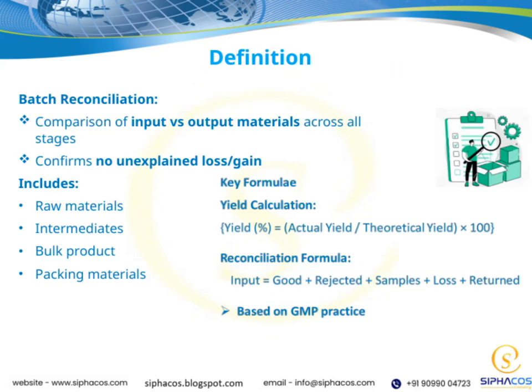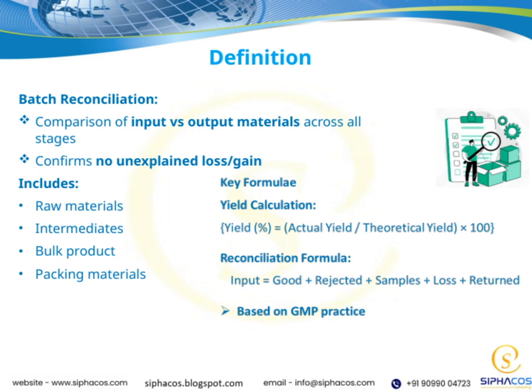Let's take a closer look at what we mean by batch reconciliation. Essentially, it's the process of comparing the input materials with the output materials at every stage of production. The goal here is to ensure that everything balances out, that there's no unexplained loss or gain along the way. This comparison isn't just about raw materials, but also includes intermediates, bulk products, and packing materials.